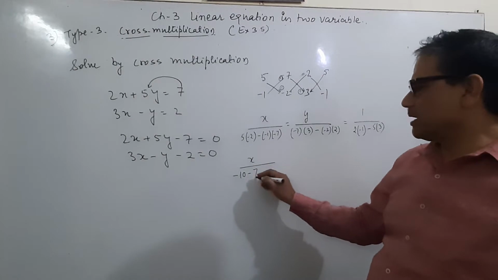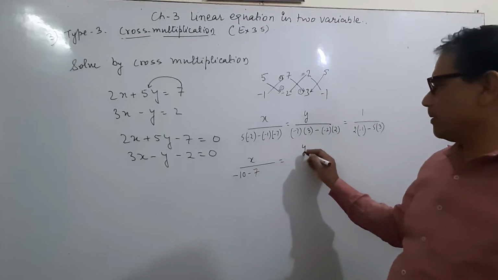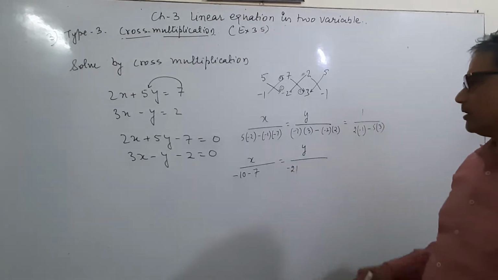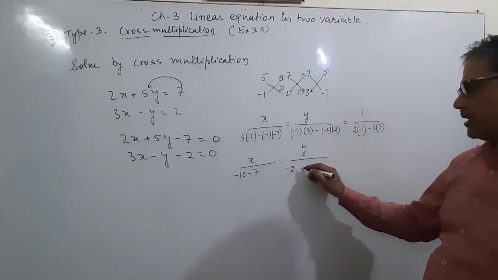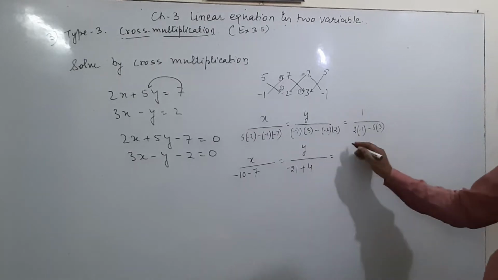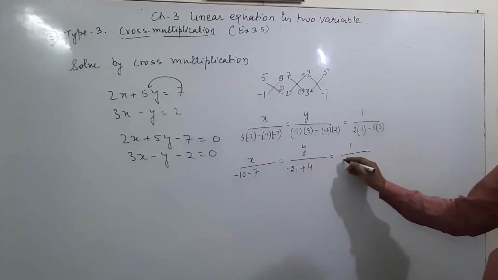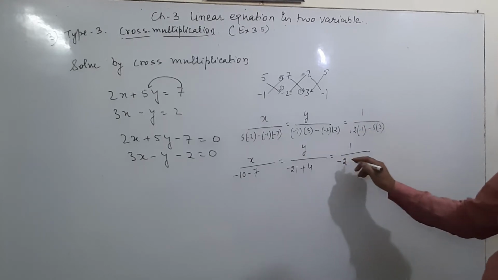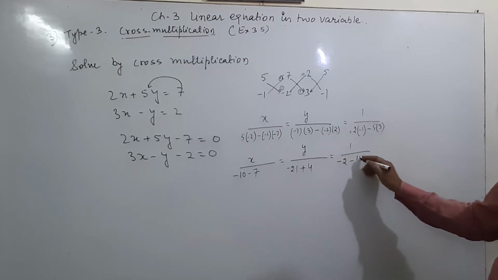7 upon 7 3 are 21 minus 21 minus minus plus 2 over 2 4 is equal to 1 upon 2. Here is plus, here is plus minus minus 15.